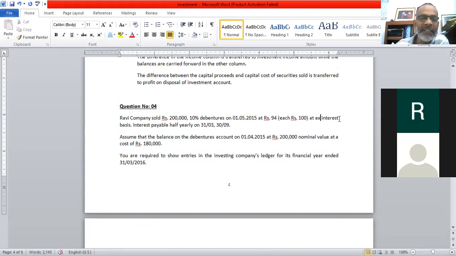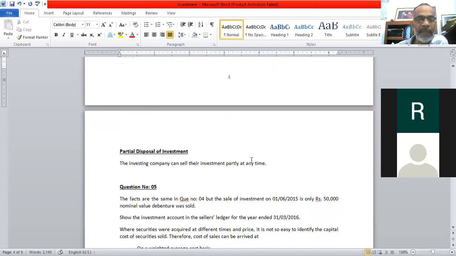Please do a correction. Okay, sir. Ex basis. Interest payable this and this period. Assuming that the balance debentures are the whole 200,000 nominal value at a cost of 190,000. You are required to show entries in the investing company's ledger.